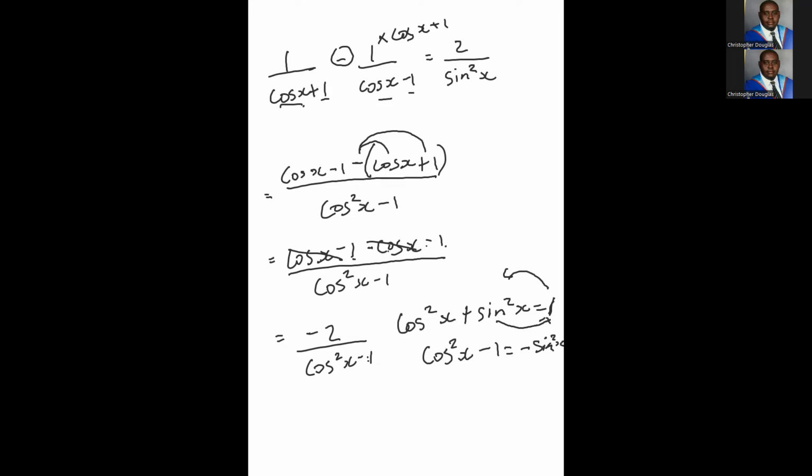So I can change this part out. Since I know that cos squared x minus 1 is negative sine squared x, I'll get negative 2 over negative sine squared x. If I have a negative over a negative, what happens? They cancel. So it's 2 over sine squared x, which is what I have here.